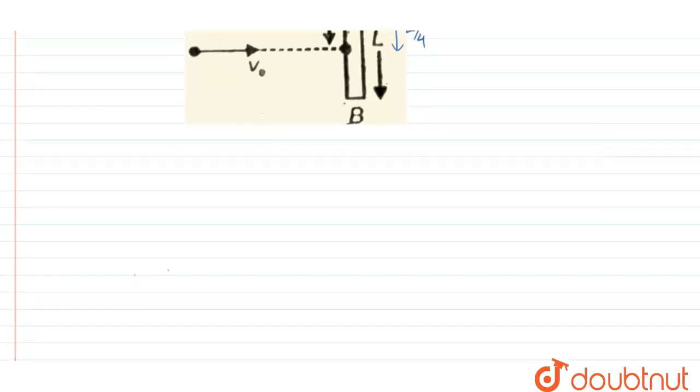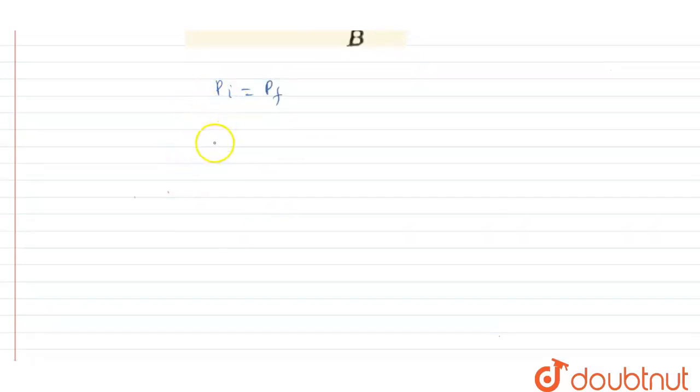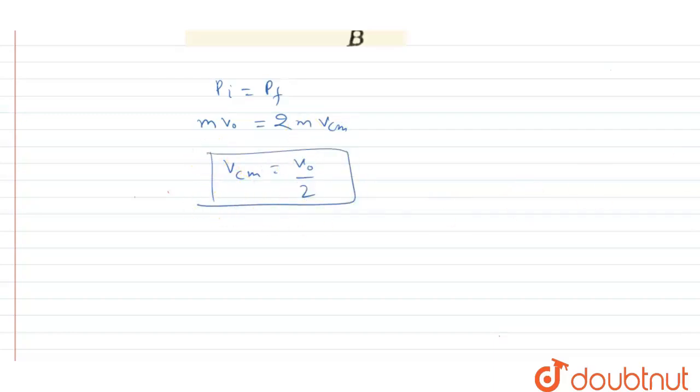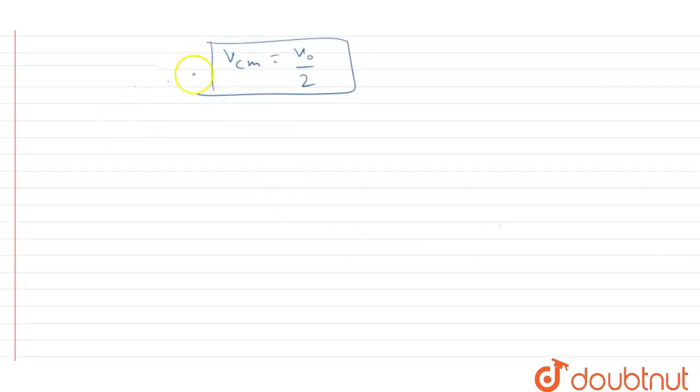Now from here I can write that P initial will be equal to P final. So if I use momentum conservation here, that is m v0, it is striking with velocity v0, will be equal to 2m Vcm. So from here the velocity of center of mass comes out to be v0 by 2. Now it is asking in the problem that we have to calculate the final angular velocity here.